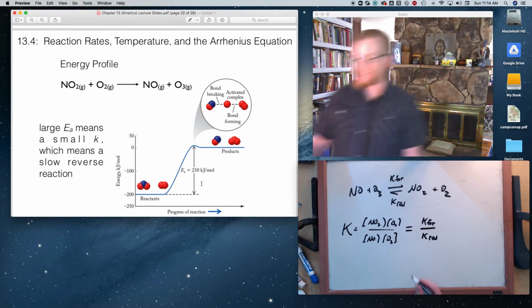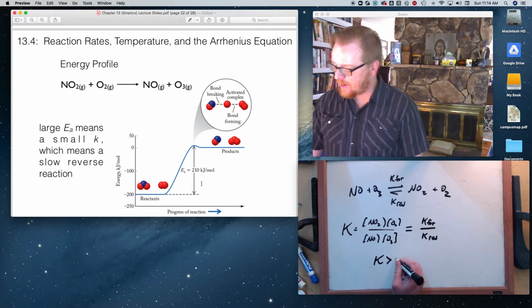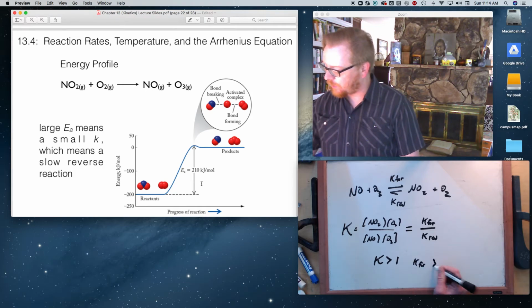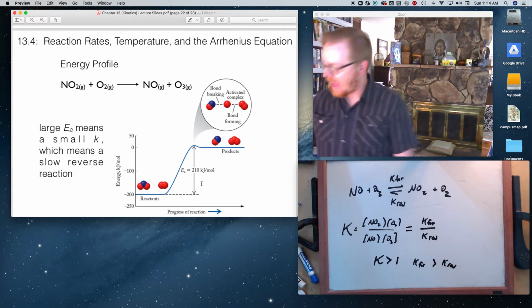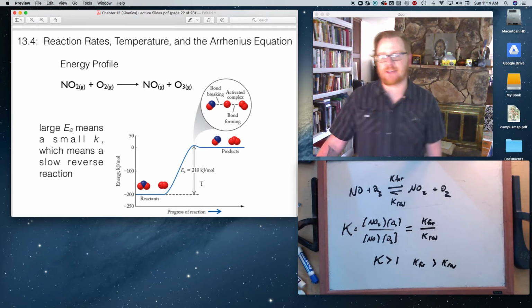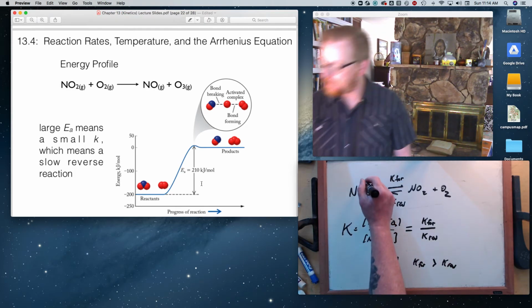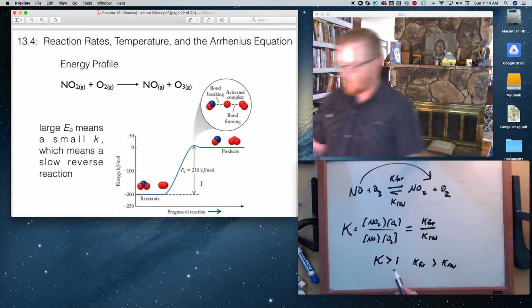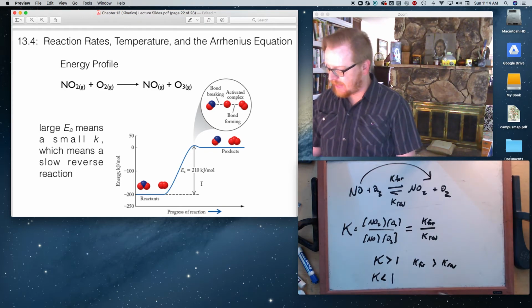So what you can see then is if you have a K greater than 1, that means the forward rate constant has to be greater than the reverse rate constant. In other words, products are preferred. Now, in the event where the K is less than 1, that means that K reverse has to be greater than K forward.